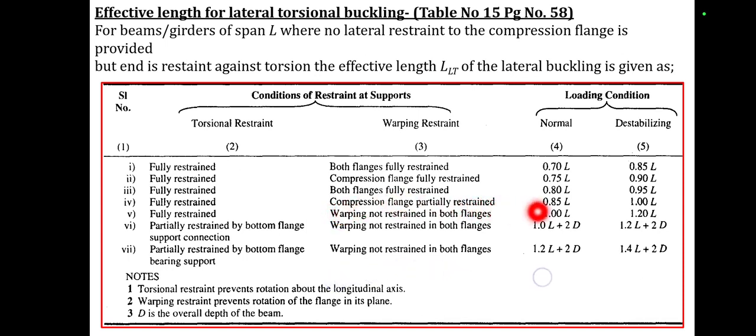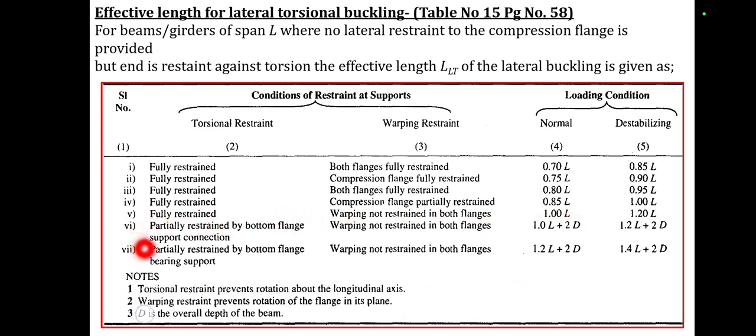In that case, for the normal loading, the effective length is 0.85 L. When the beam is fully restrained against rotation and warping is not restrained in both the flanges, whereas in case number 1 warping is fully restrained in both the flanges, here warping is not restrained in both the flanges. That time, for the normal loading, the effective length is 1 L.